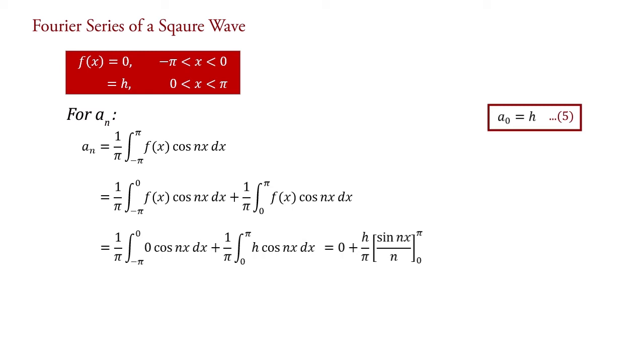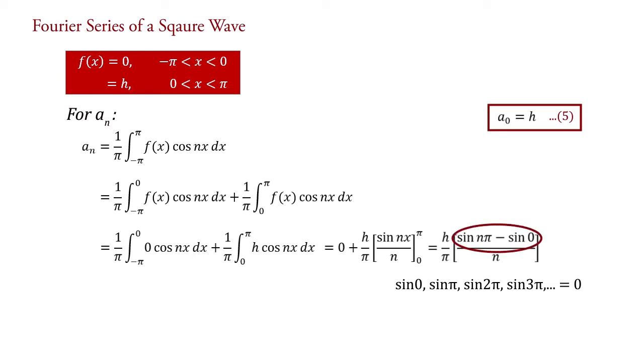Now if we put the limit pi and 0, then the equation becomes an equal to h upon pi into bracket sin n pi minus sin 0 upon n. We know that sin 0, sin pi, sin 2 pi, sin 3 pi, etc. are 0. Therefore, here sin n pi minus sin 0 is also 0, and therefore an equal to 0.